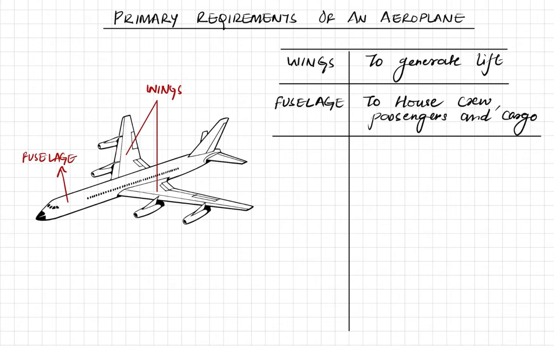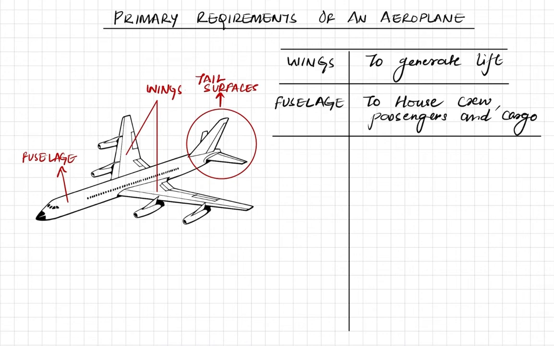As you can see here, this tail assembly consists of tail surfaces. Tail surfaces are the components which add stability to an aircraft. This vertical structure is known as the fin, also known as the vertical stabilizer, and the horizontal structure, which is on both sides, is called the horizontal stabilizer, also known as the tail plane.